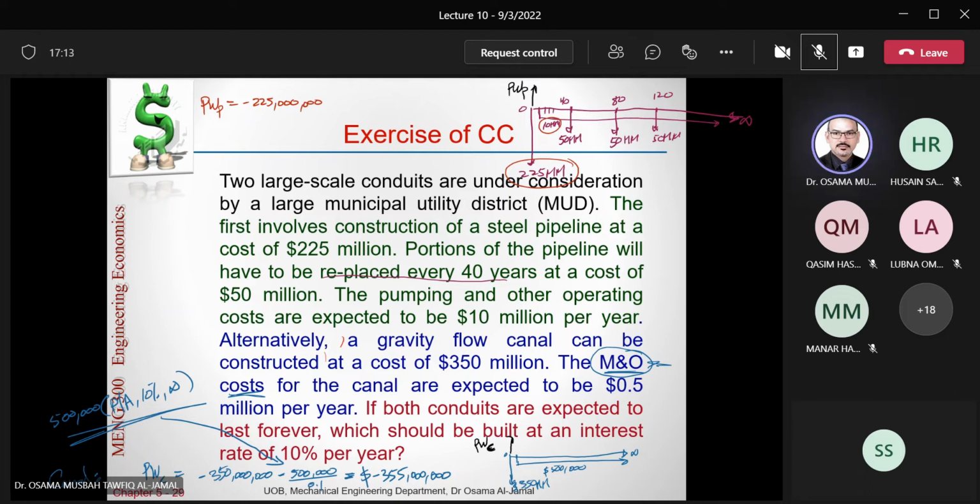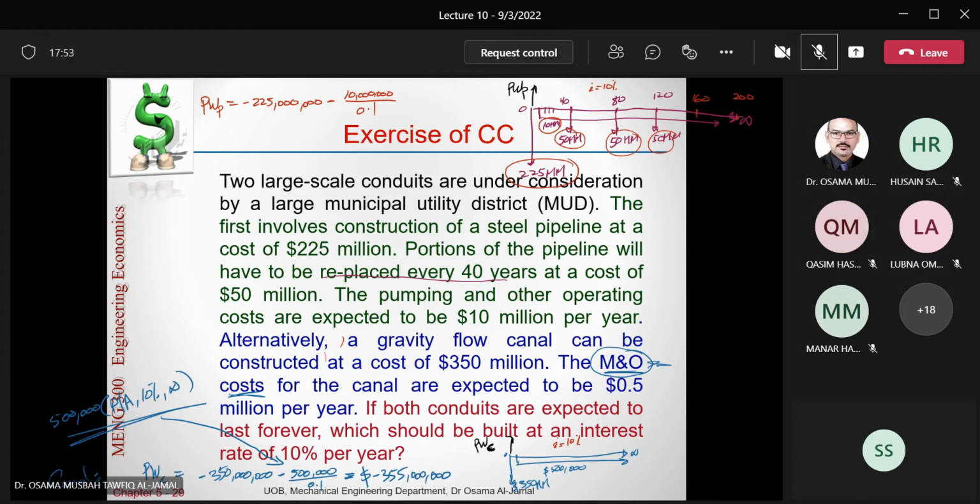We have that annuity, minus $10 million divided by 0.1. Always show the interest at the top of any cash flow diagram. What to do with that 50? And don't forget that we have it in year 160. We're going to have it here at 200, 240, and so forth. What to do with that 50 million?